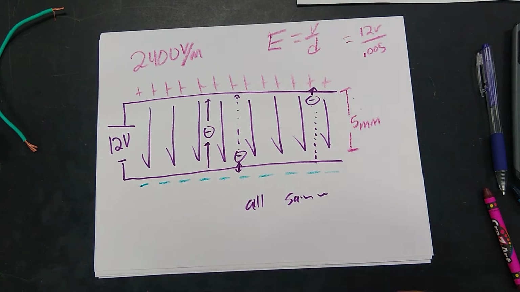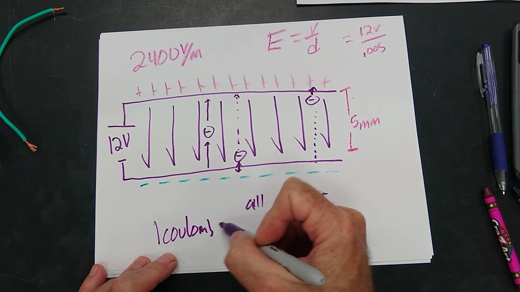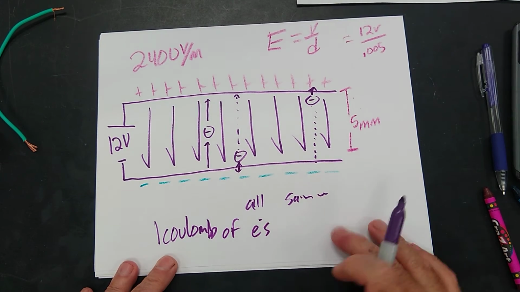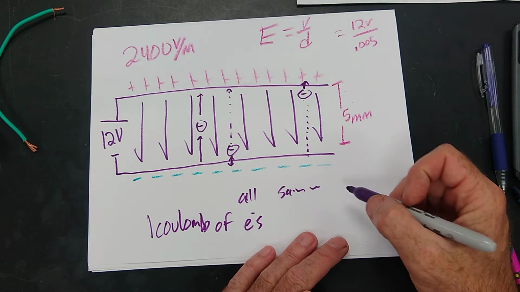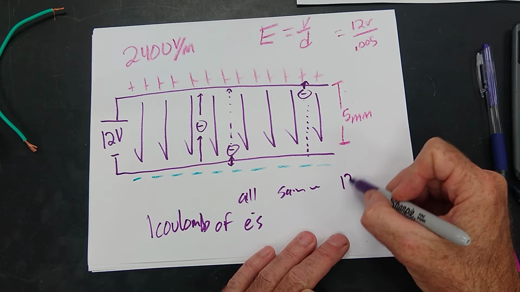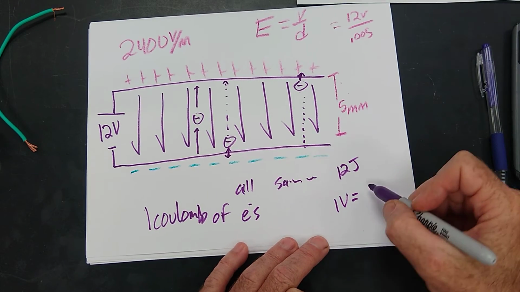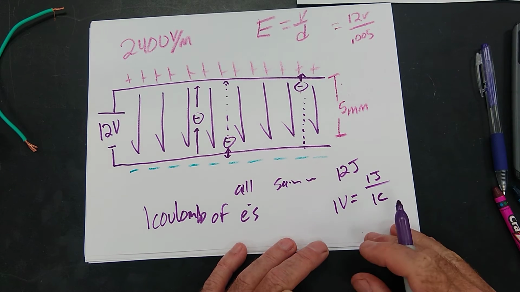If I had 1 coulomb of electrons, how much work could this battery do? That's right. It could do 12 joules of work, right? 1 volt is equal to 1 joule of work being done per 1 coulomb of charge.